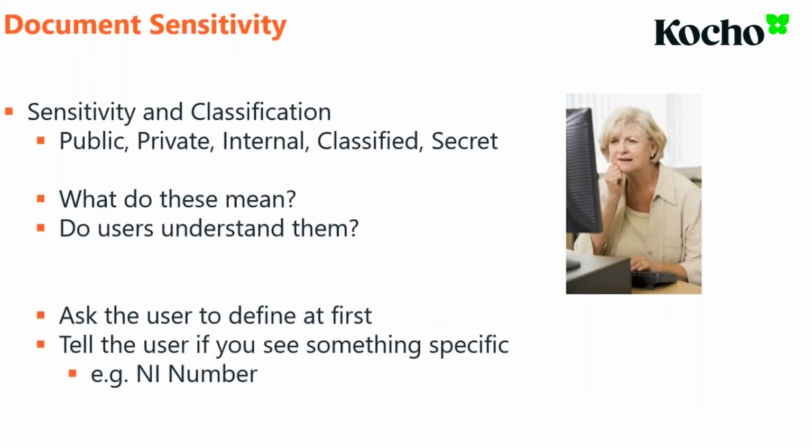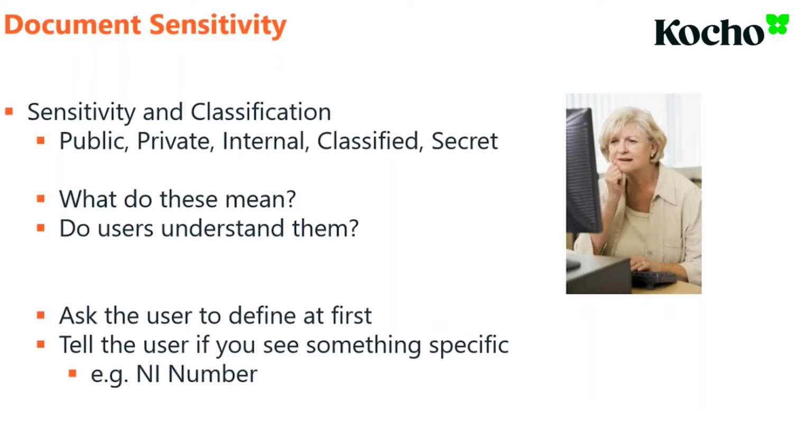All of those have different sensitivities associated with them and should have different labels attached. But the user knows what they are, and therefore the user is the person who's best positioned to decide which sensitivity should be applied.